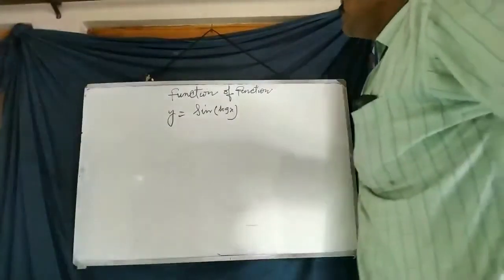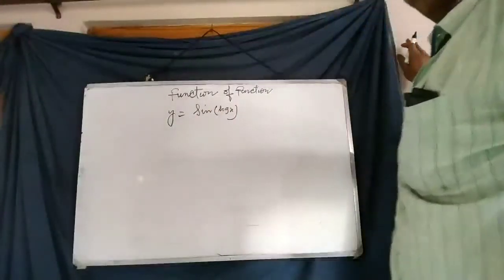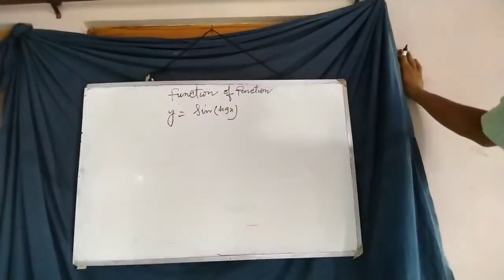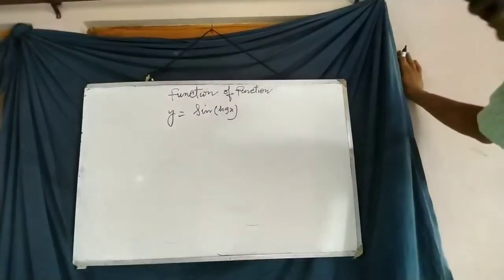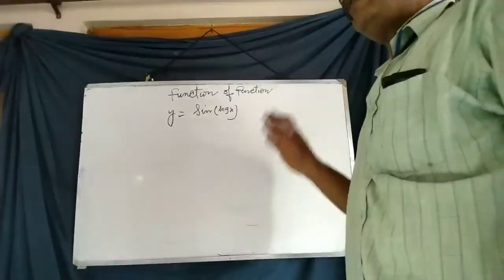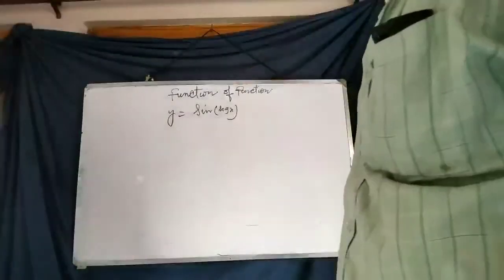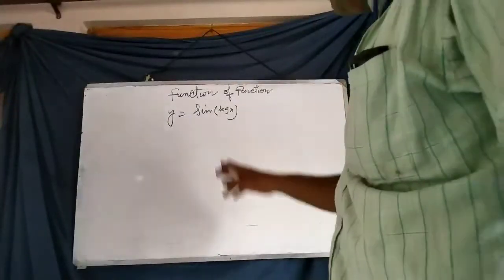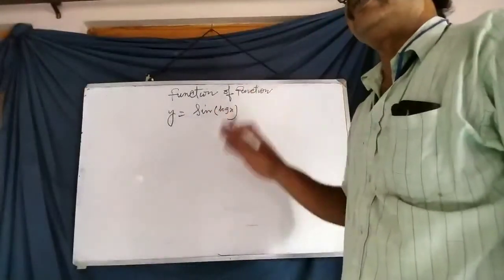Watch it. Sin log x is a function, but the variable is log x. And log x is also a function, but the variable is x. Therefore, sin log x is a function of function.